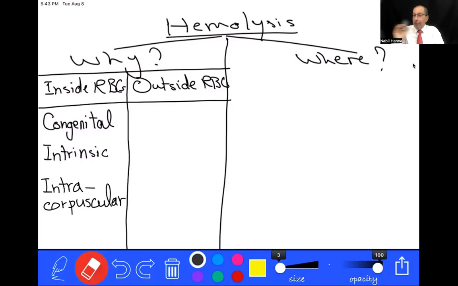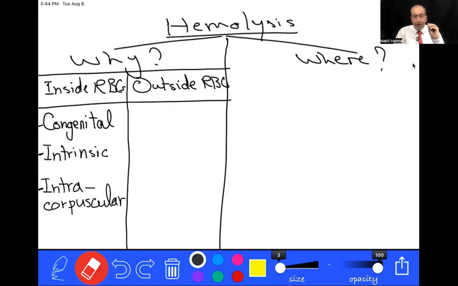So these are the three names for the first cause of hemolysis: congenital, intrinsic, intracorpuscular.